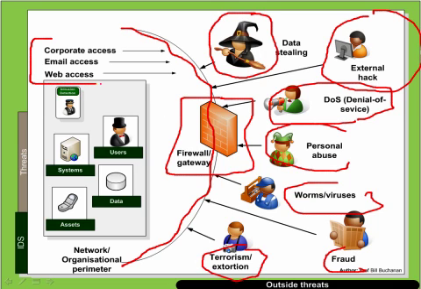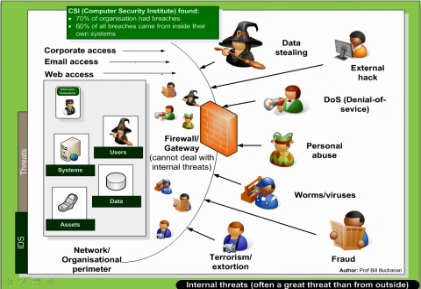Along with this, we need to guarantee some sort of access from inside to outside, such as corporate access, email access, web access, and so on. Unfortunately, it was found that most of the breaches will typically come from inside an organizational network.